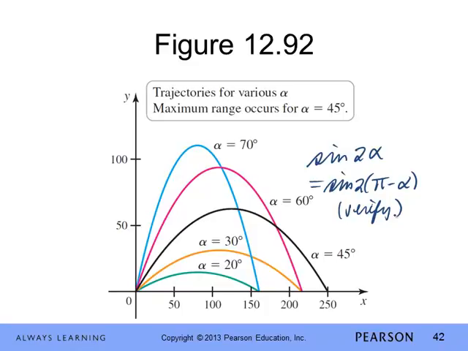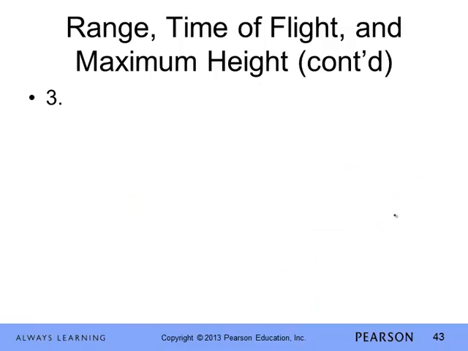Okay, moving along here. Part 3 of this exercise has to do with an equation or formula that will calculate our maximum height. Our maximum height is going to happen at a time halfway between when the object is launched and when it hits the ground.